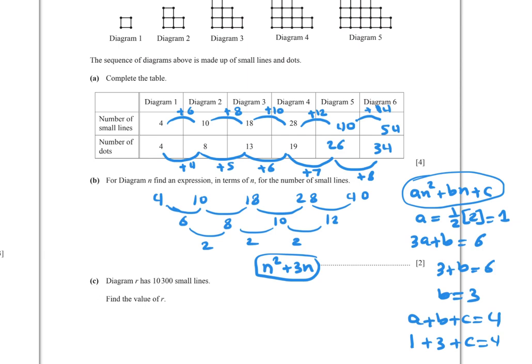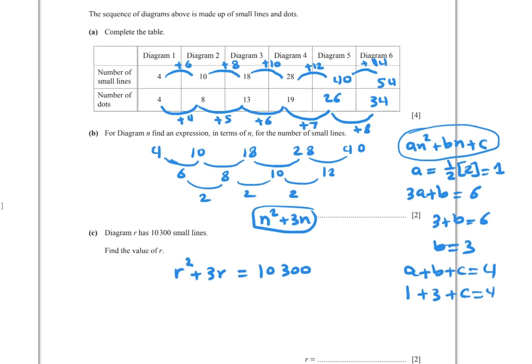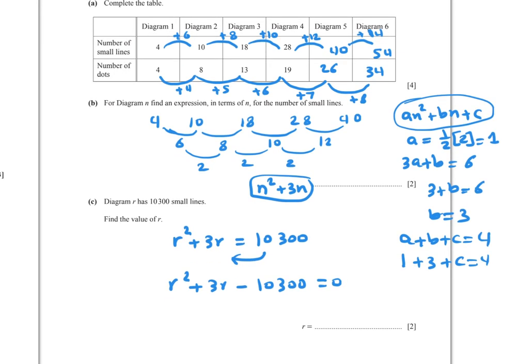C, diagram R has 10,300 small lines. Find the value of R. Diagram R, this means R squared plus 3R equals 10,300. Now solve as a quadratic. Transpose 10,300 to the other side. Then you can solve with factorization or formula, or you can use your calculator.